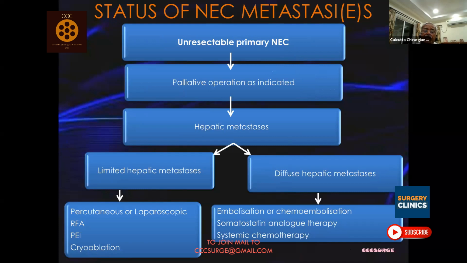If you have limited hepatic metastases, you can go in for a percutaneous or a laparoscopic radiofrequency ablation, or use an embolization or a cryoablation. If you have diffuse hepatic metastases and an unresectable primary, there's no point going in for a transplantation; embolization, or chemoembolization, somatostatin analog therapy, and or a systemic chemotherapy.